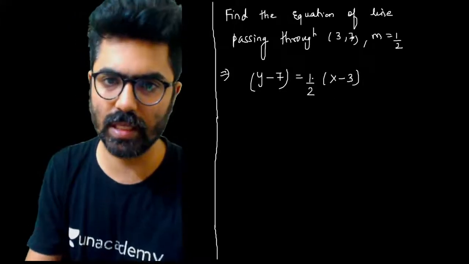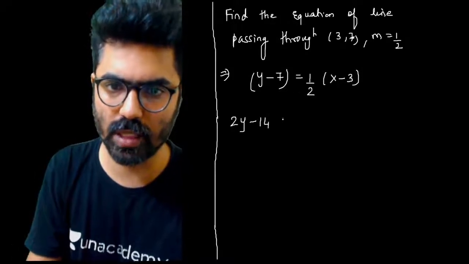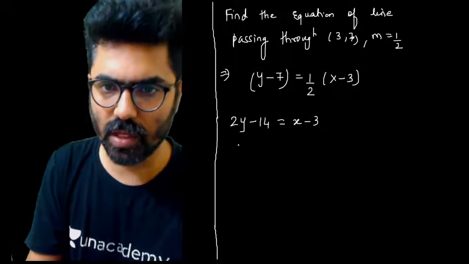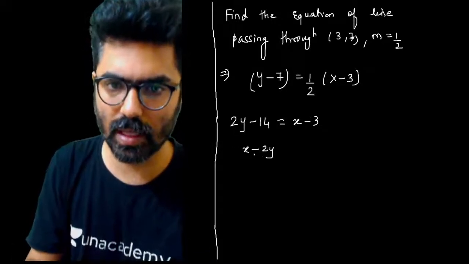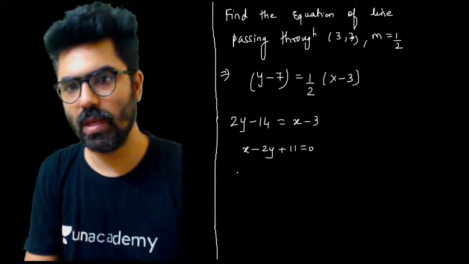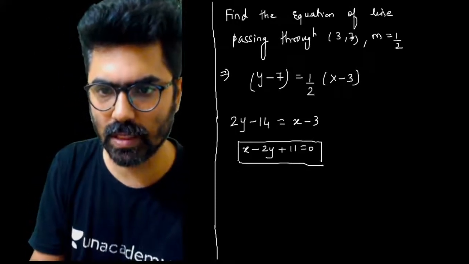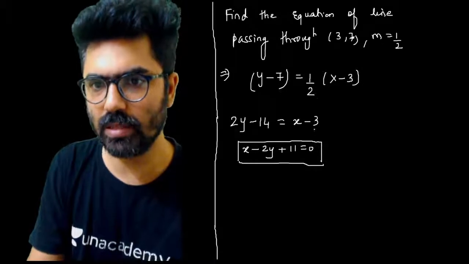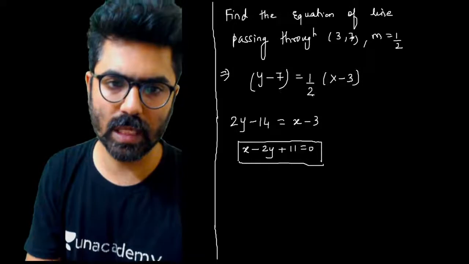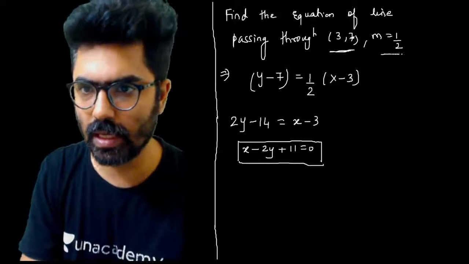Now multiply by 2 on this side, you get 2y minus 14. So from here we get x minus 2y plus 11 equal to 0. This is the equation of the line passing through this point with slope half.